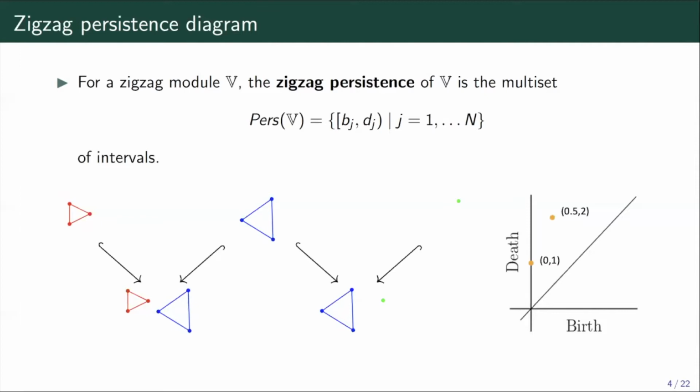It's going to be born at 0.5 because it's in this union. So we're going to consider these half indices. It starts here at 0.5, it still exists in 1 and 1.5, but it dies going into 2. So now, rather than having birth-death pairs corresponding to some scale of how large that circle is, instead it's going to correspond to how long through this zigzag that same feature persists.